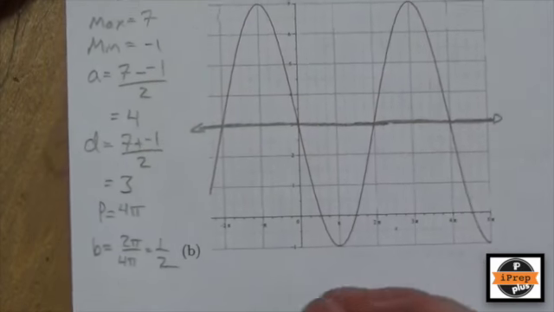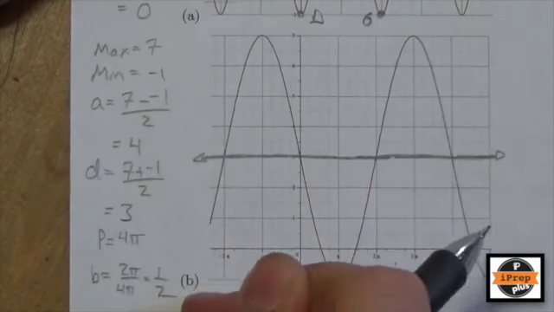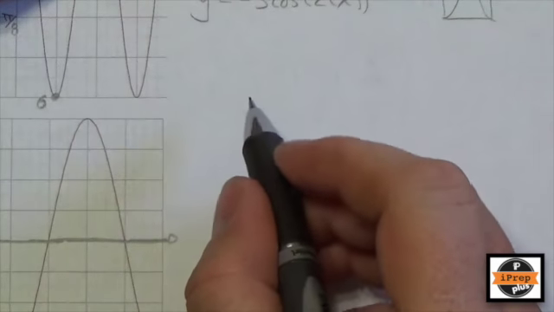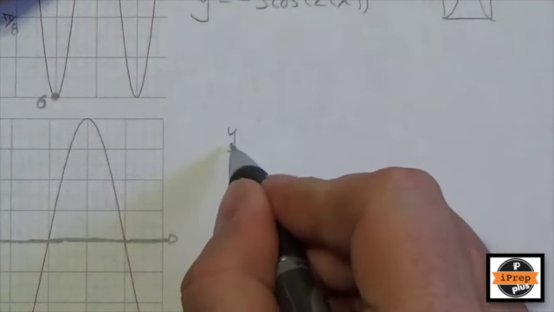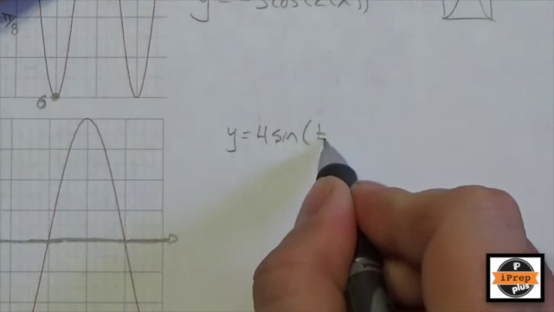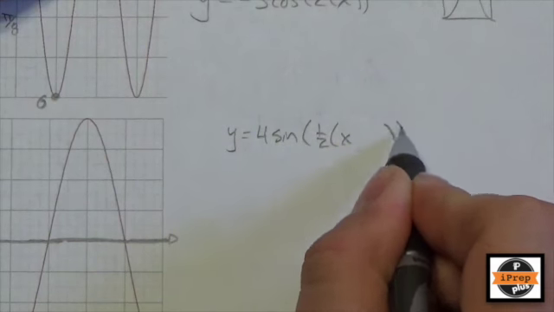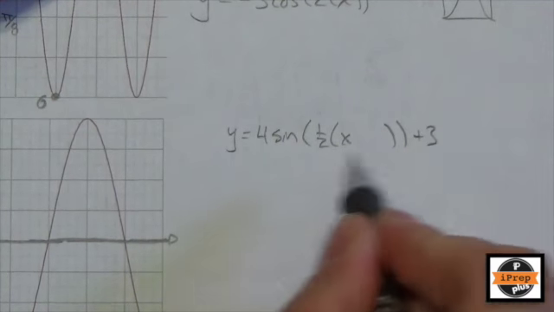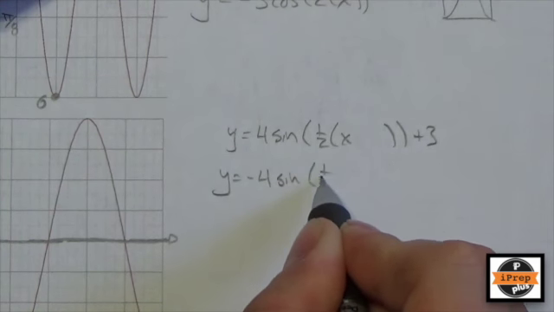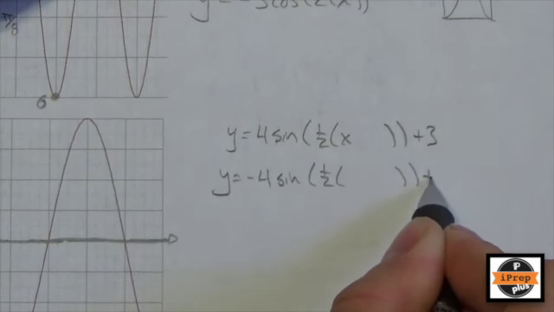So there we go. Very quickly, I have 3/4 of all the information I need. So I can write this. Y is equal to 4 sine of 1/2, and what I don't know is the horizontal phase shift, but this will be plus 3. Or it's negative 4 sine of 1/2, don't know what the phase shift is, plus 3.